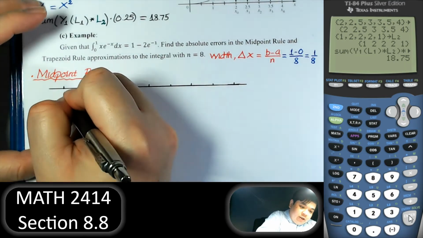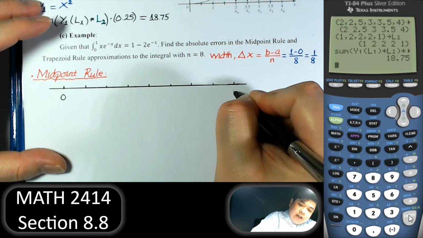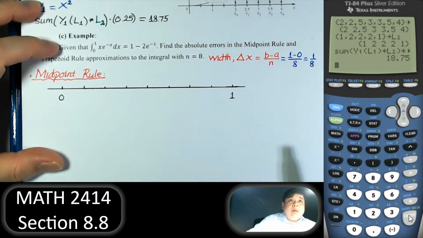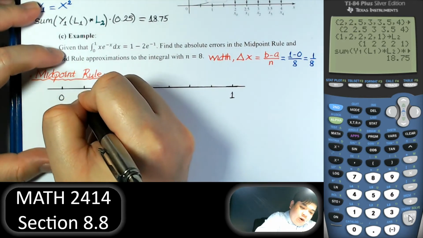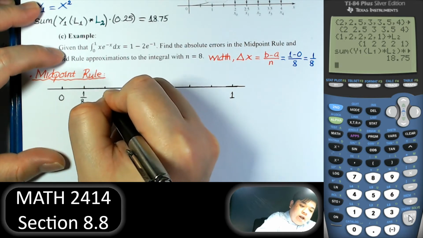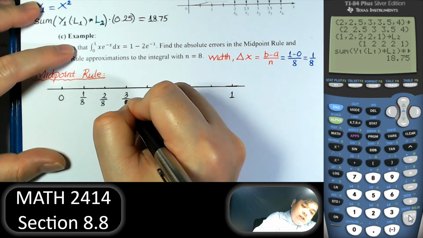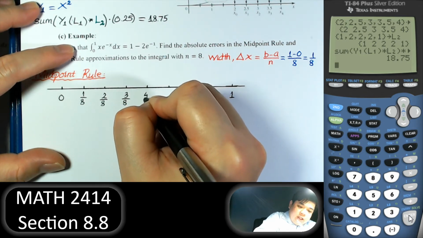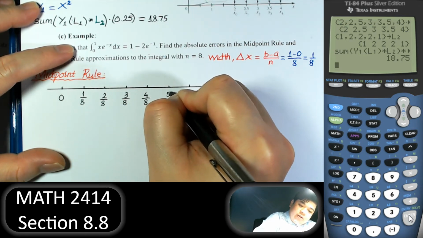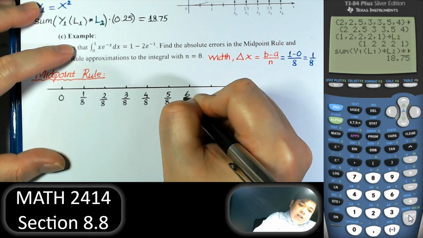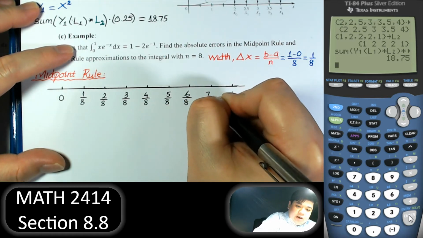So we have 0 and then 1. Each increment is 1/8, so we have 1/8 plus 1/8, 2/8 plus 1/8 plus 1/8. Just going to write like that: 5/8, 6/8, and 7/8.